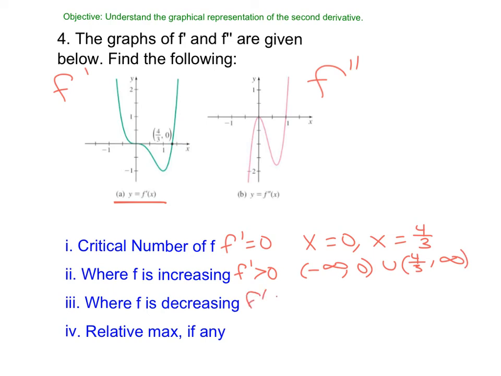Decreasing is where f prime is less than 0, so that's 0 to 4/3. Does this thing have a relative max? So remember, relative max is on the number line. Does f prime go from plus to minus? At 0, this thing goes from plus to minus, right? Because it's above and then below. X equals 0 is a relative max.